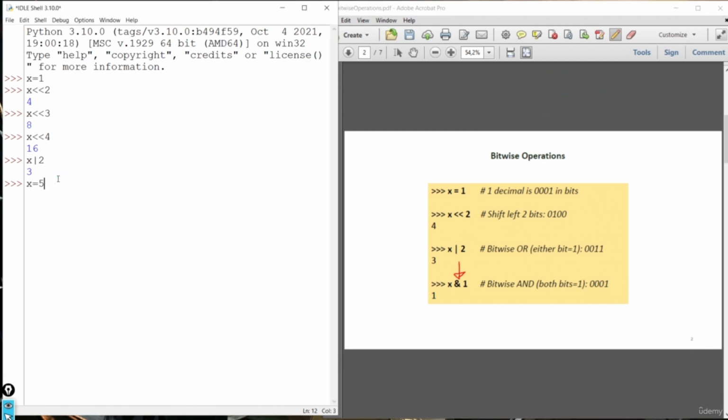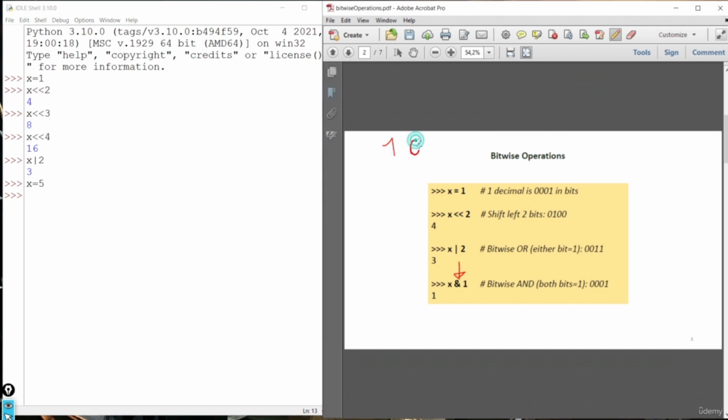For instance, x can be 5. 5 means 1 0 1 in binary. If we shift it to the left by 1 unit, what do we get? We just add 0 to the least significant position, and when we convert this number to decimal, what do we get?